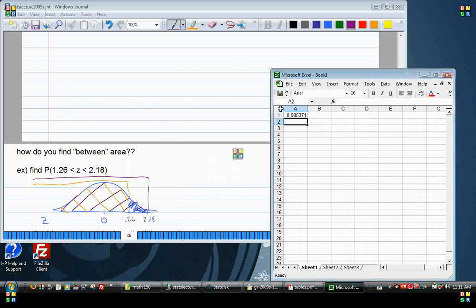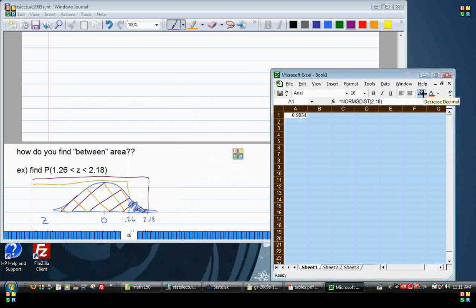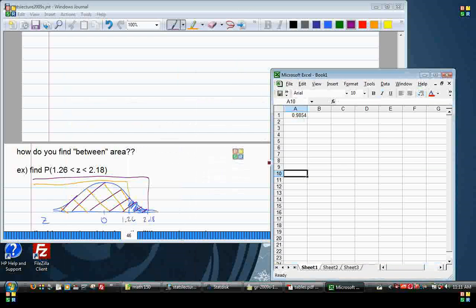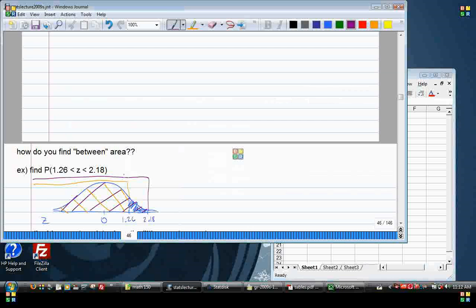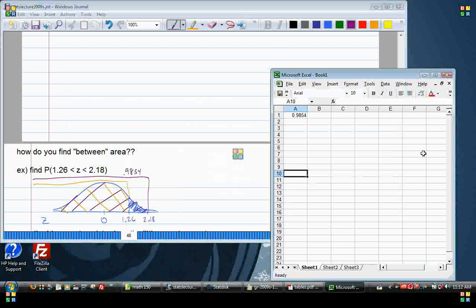And we only need 4 places, right there. 0.9854. Now let's find the area to the left of 1.26. NORM.S.DIST of 1.26. And that one is 0.8962.